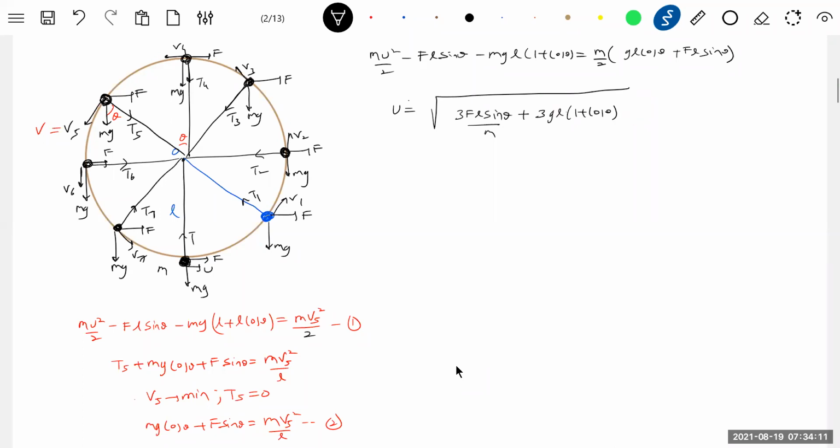Can anybody confirm if I am right? 3FL sin theta will come. Sir, that should be f by m L sin theta. I made it, m is there, no denominator. Sir, in the previous equation, m by 2 GL cos theta, in that f by m, F is there, it is not there. Yes, f here by m, m should be there.